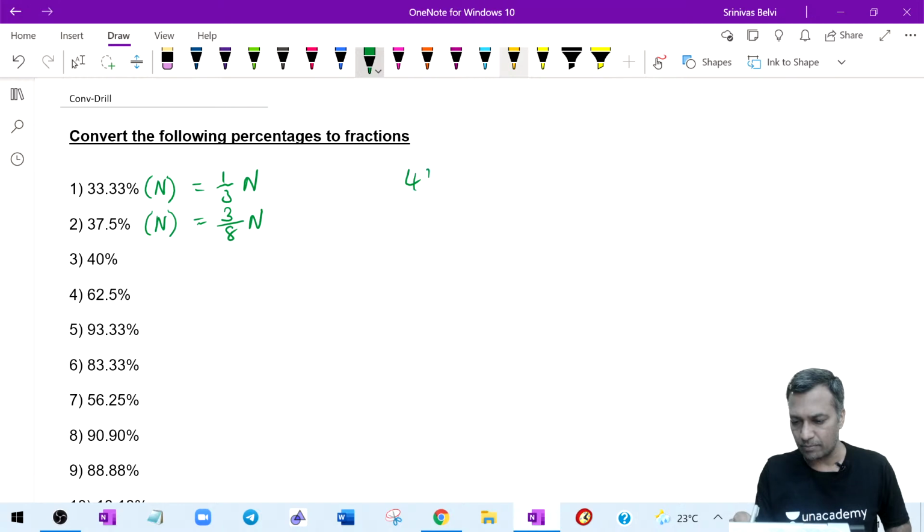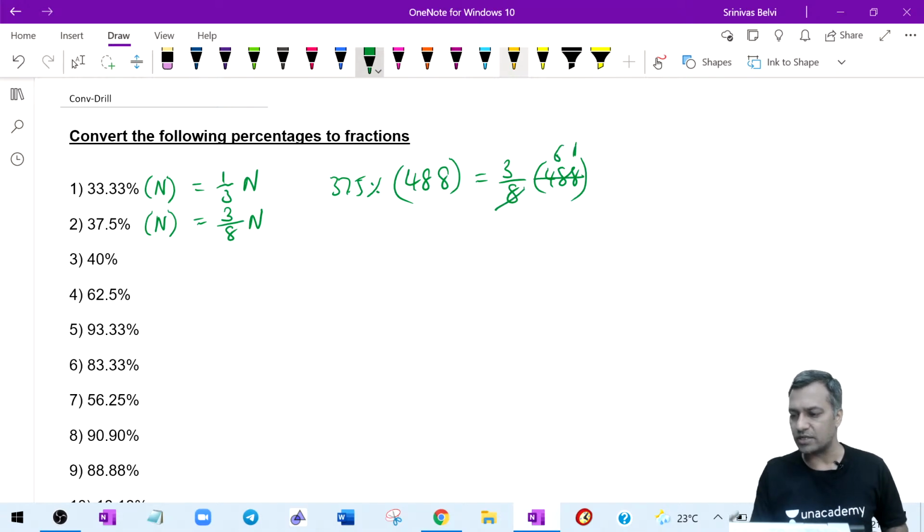For example, you had the number 488 and I ask you to find 37.5% of it. Quickly, all I have to do is 3 by 8 of this number. 8 six times is 48 and 8 one time is 8, so this is nothing but 183. Quickly, now it comes out.